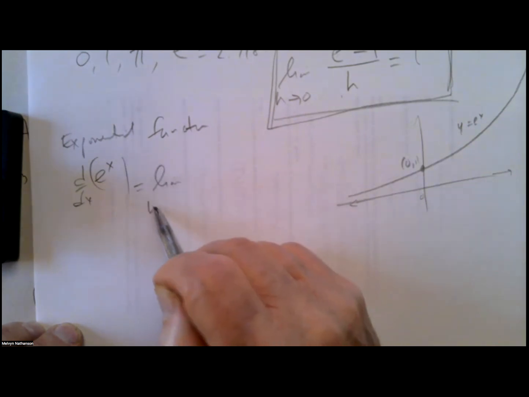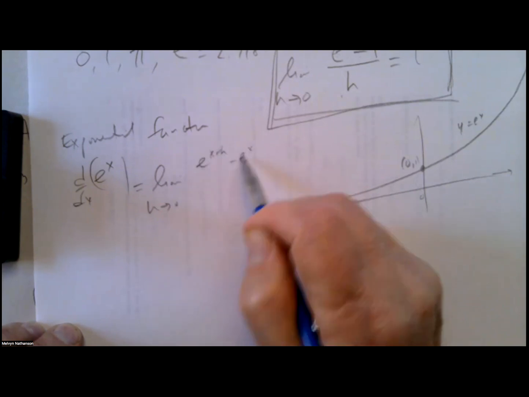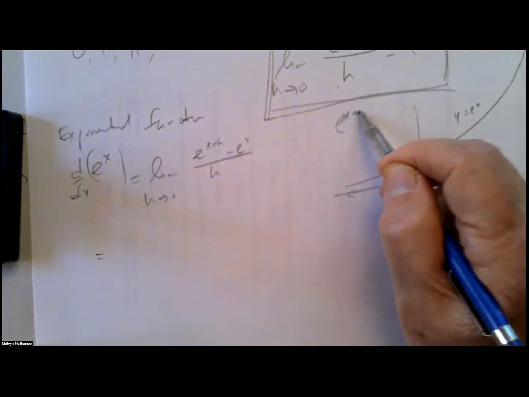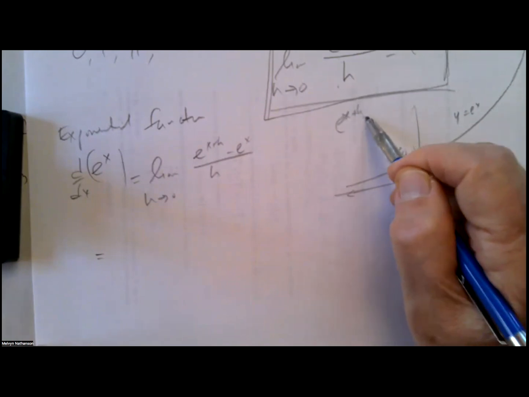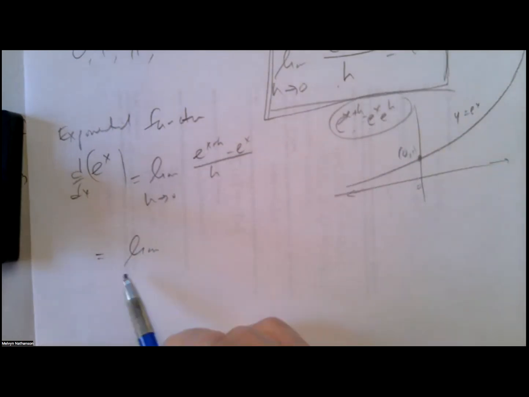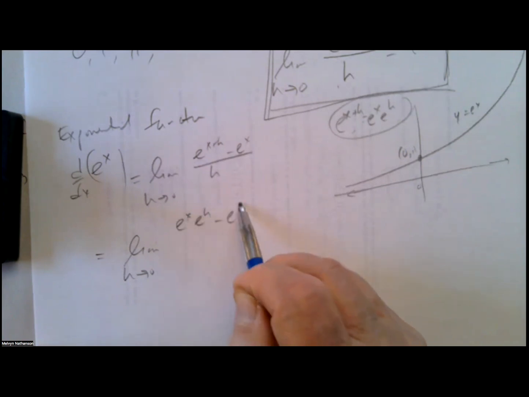This will be the limit as h goes to 0 of e to the x plus h minus e to the x over h. That's the definition of the derivative. But the exponential function has the property that e to the x plus h is e to the x times e to the h. Every exponential has this property. So this is the limit as h goes to 0 of e to the x times e to the h minus e to the x over h.